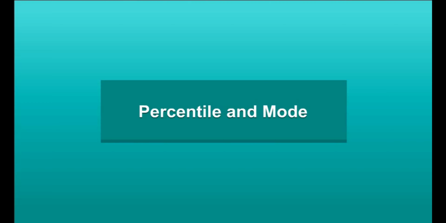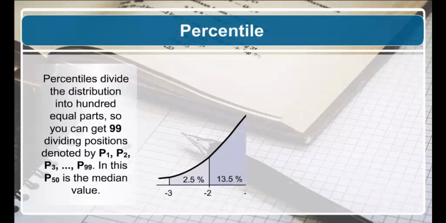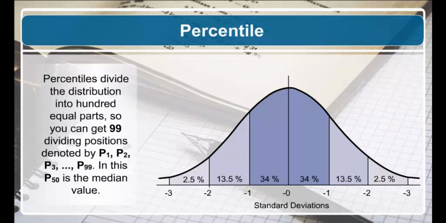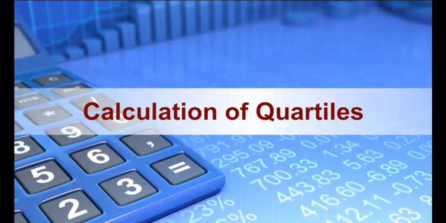Percentile and mode. Percentile. Percentiles divide the distribution into 100 equal parts. So, you can get 99 dividing positions denoted by P1, P2, P3 and so on till P99. In this, P50 is the median value. Calculation of quartiles.